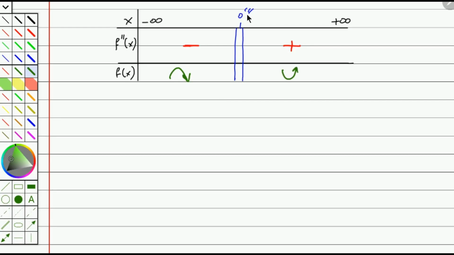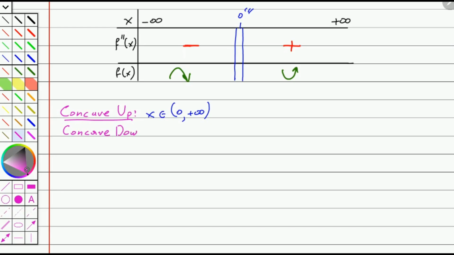Once again, this is not an inflection point because this is a singularity. It is a value that we cannot take. And the concavity intervals: concave up, x belongs to open from 0 to infinity, and concave down, where x belongs from negative infinity to 0 open.